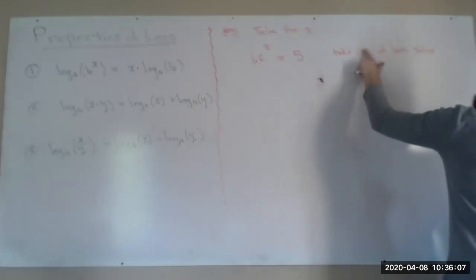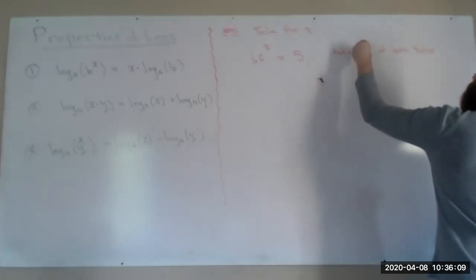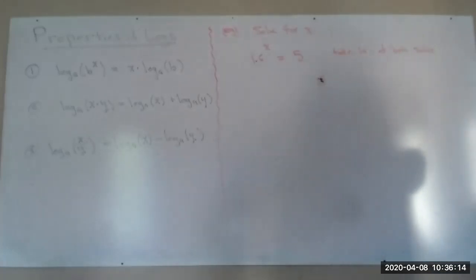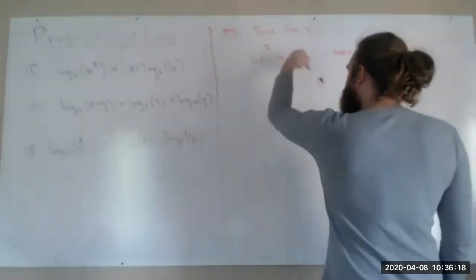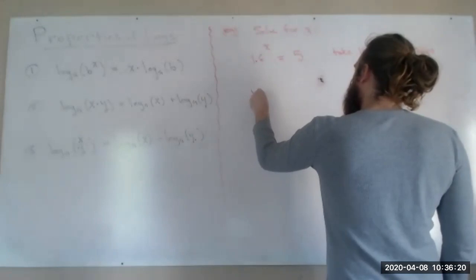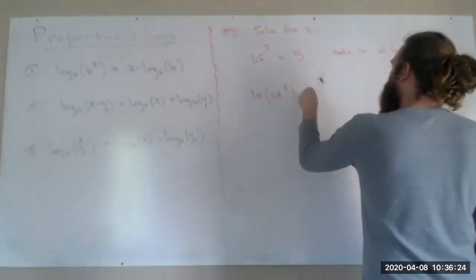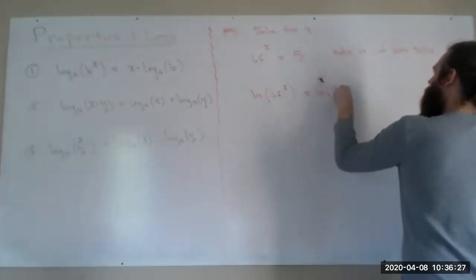I guess really I'm going to take ln of both sides, because that's the natural log, which is the most often used logarithm. If I do that, then this becomes ln of 1.6 to the x equals ln of 5.